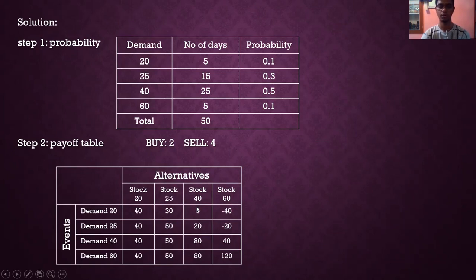The profit we got will cover up the losses, so we don't have any profit left, because the profit we got is already settled with our losses. So like this it works. Like that we have to do it for each row and each column of the payoff.